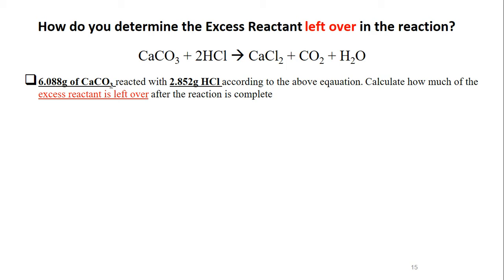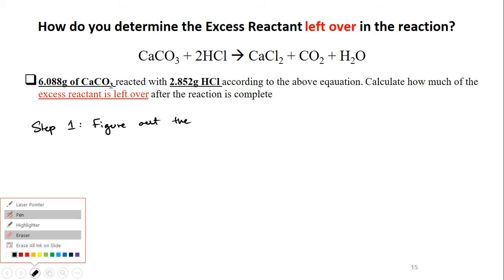The question is, how much of the excess reactant is left over? Now, the problem actually doesn't tell us which one is the limiting reactant and which one is the excess reactant, which means the first step in solving problems like this is to figure out which reactant is the limiting reactant. Figure out the limiting reactant and the excess reactant.